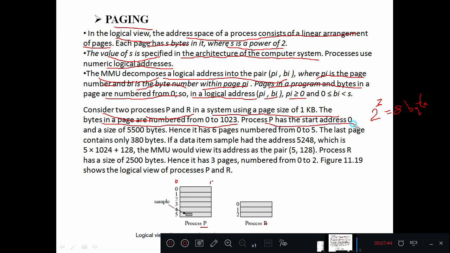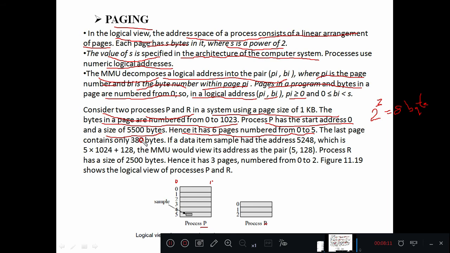Process P has the start address 0 and a size of 5500 bytes, and hence it has a total of 6 pages numbered from 0 to 5.